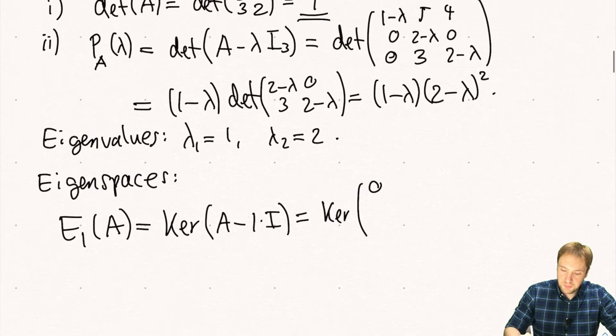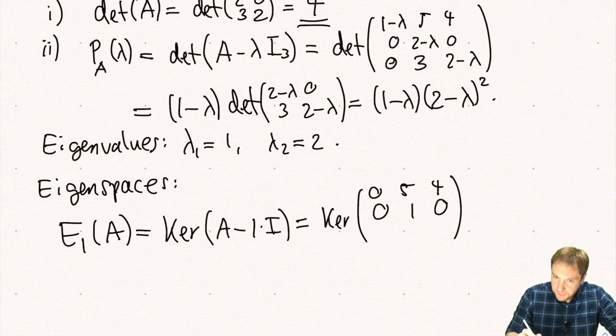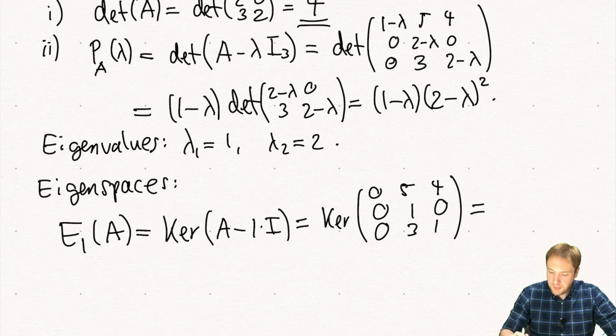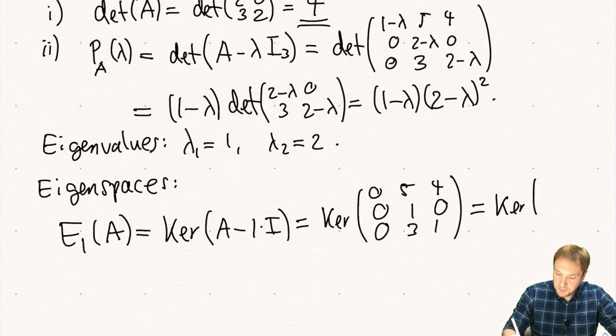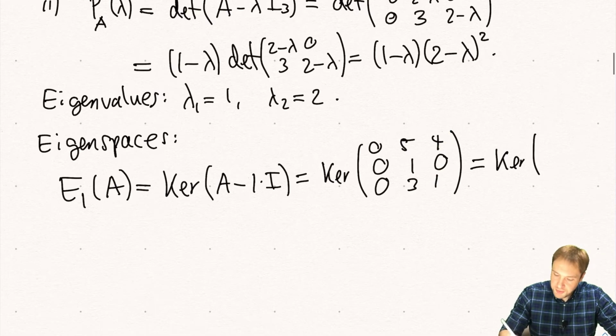So this is 0, 5, 4, 0, 1, 0, 0, 0, 3, 1. And this is the same as the kernel. Here, with this I can remove this one, and with this I can remove this. So the row-reduced echelon form of this matrix looks like this.